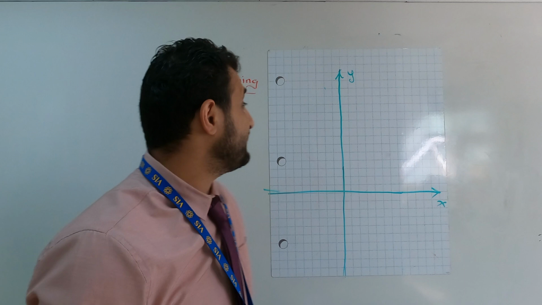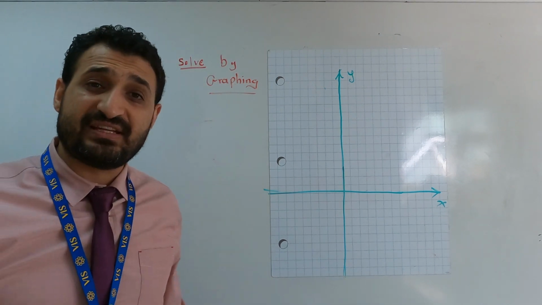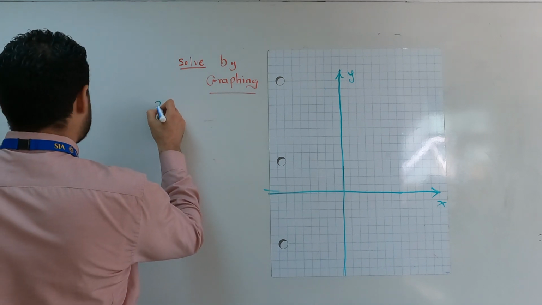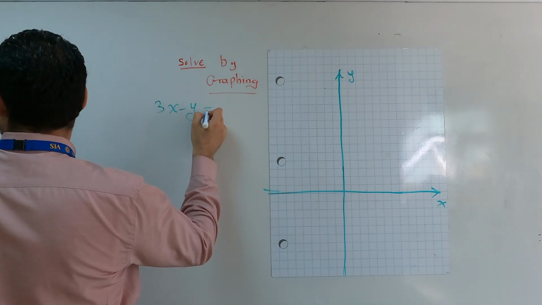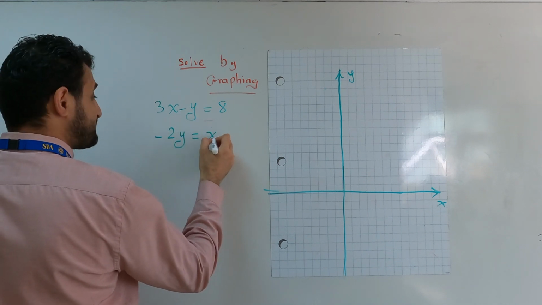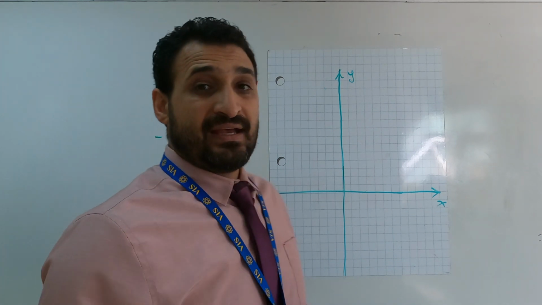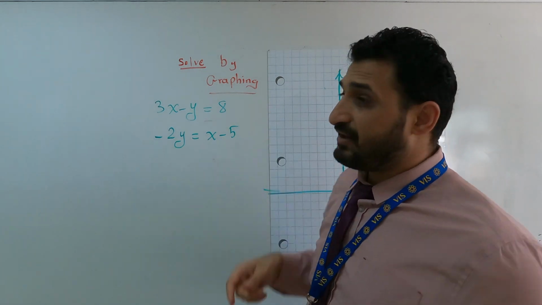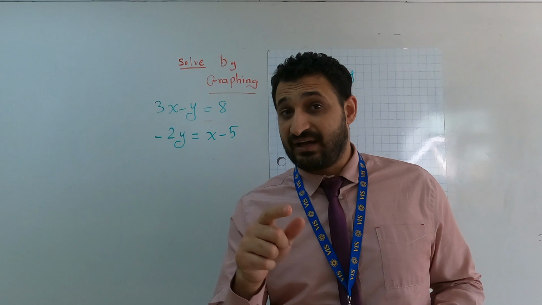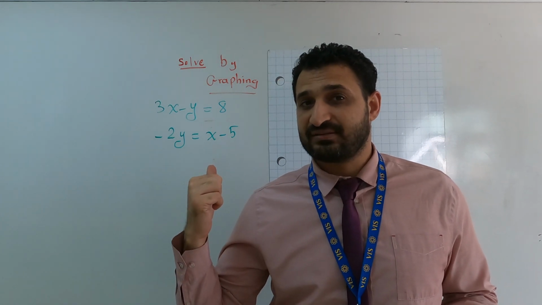One more question. Solve the system of the linear equations by graphing. The equations are 3x minus y equals 8, negative 2y equals x minus 5. Again, here are two linear equations with two variables. Ask yourself, are they ready to be graphed or not?